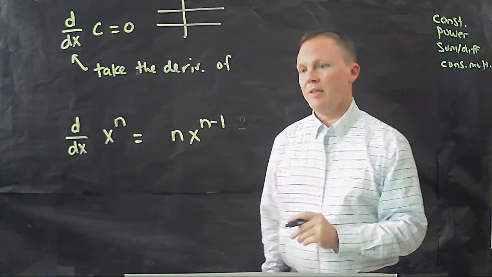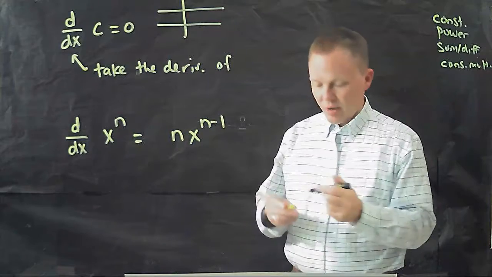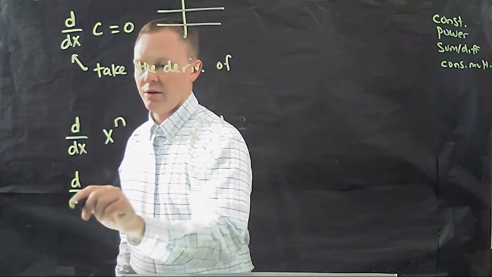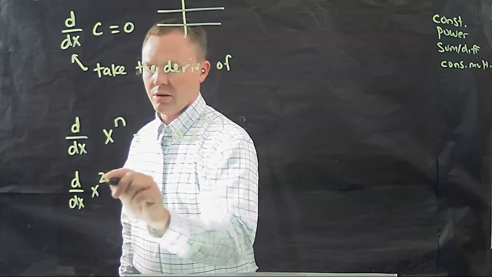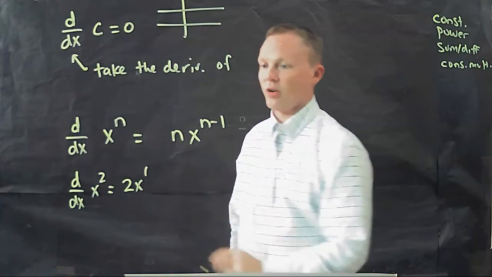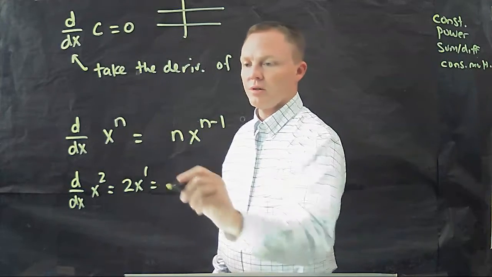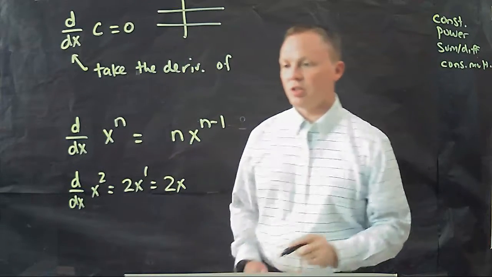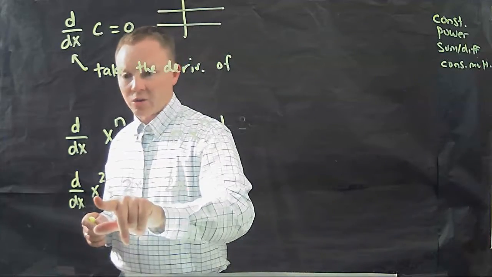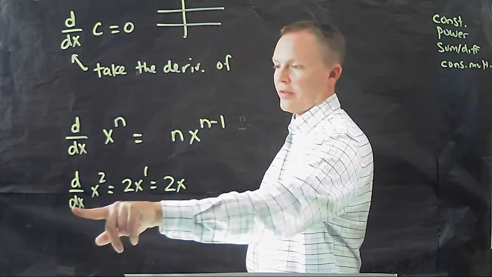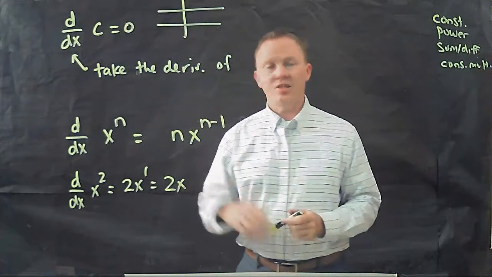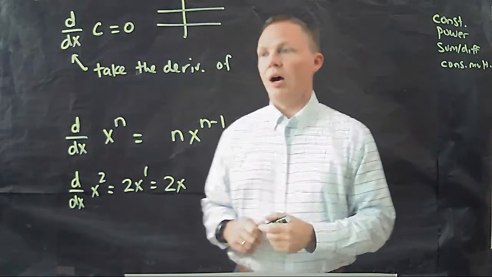So the derivative of x squared is just 2x to the first. Of course, no human being is going to write 2x to the first. They're just going to write 2x. But again, take the derivative of x squared. What does that equal? 2x. Okay? That's the power rule.